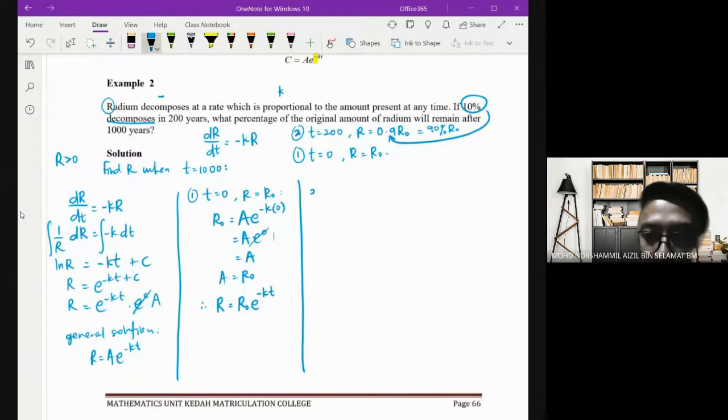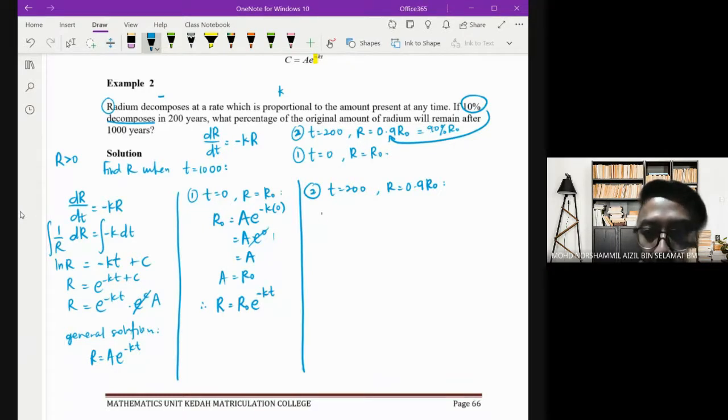So let's proceed with the second condition to get k. It is always like that, guys. There are two constants to find, that's why they give two sets of conditions. So the second condition, when t equals 200, our R is 0.9 of R0.